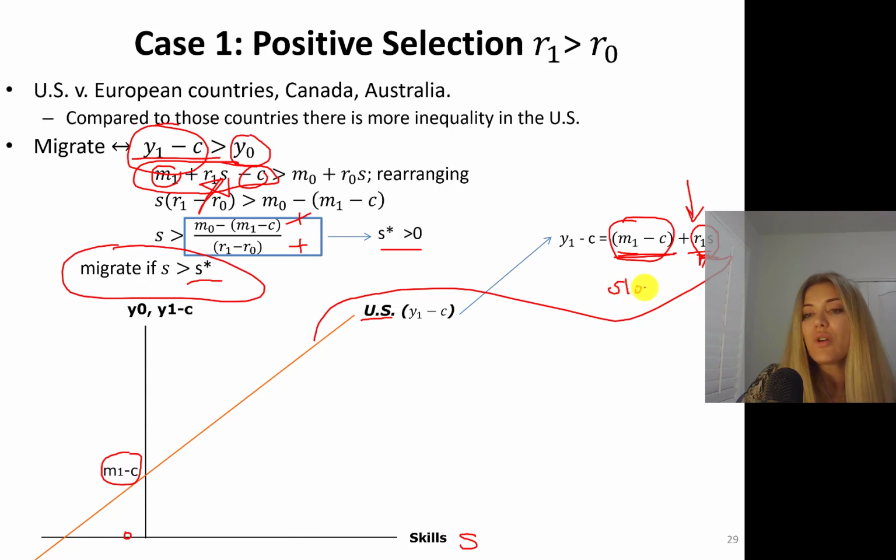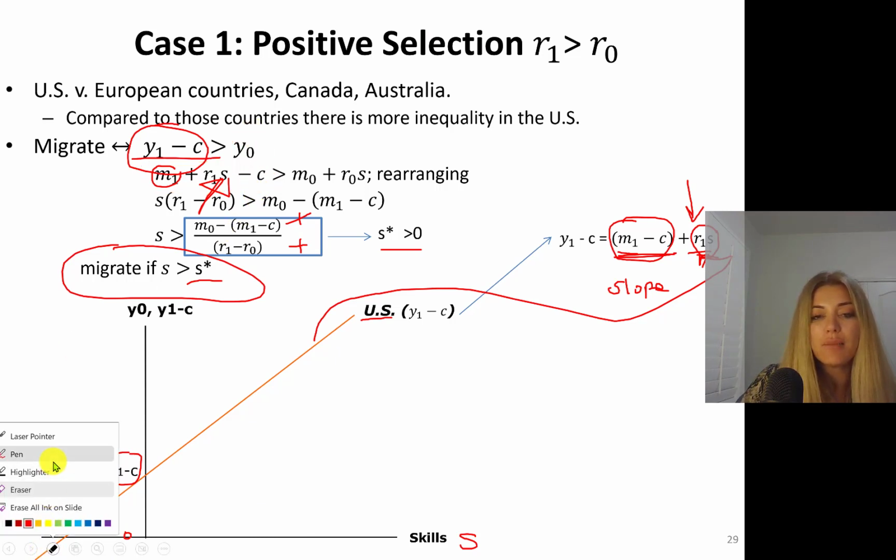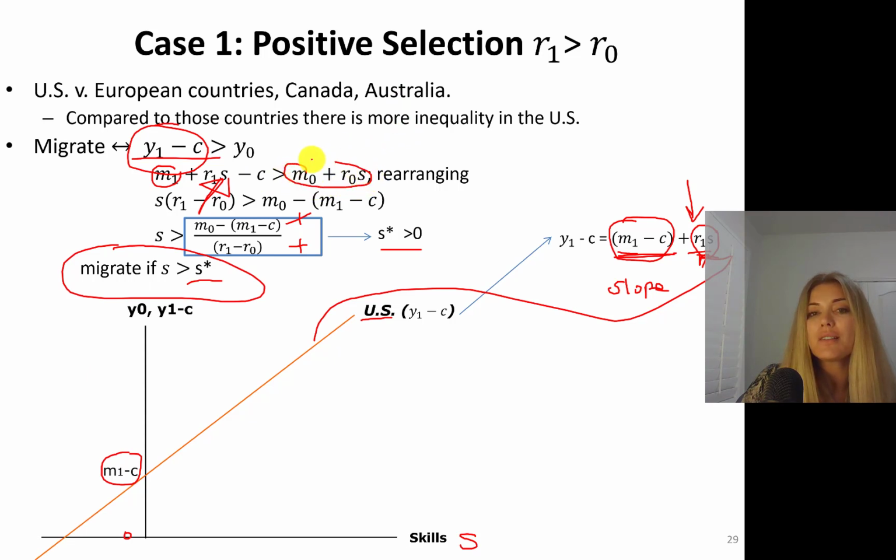So how can I draw the return for a person who decides to stay in the home country? That's going to be Y0 if I stayed at home, simply what we drew in the previous slide: M0 plus R0S. So where is M0? What assumption did we make?